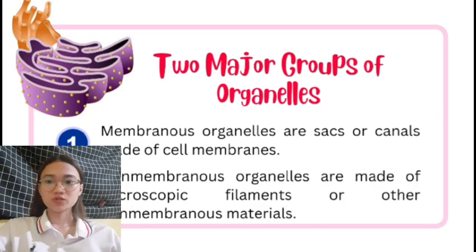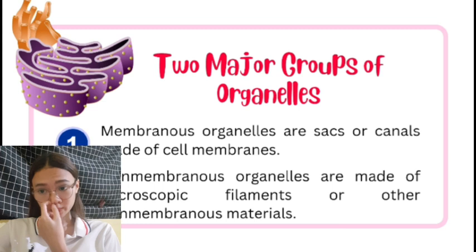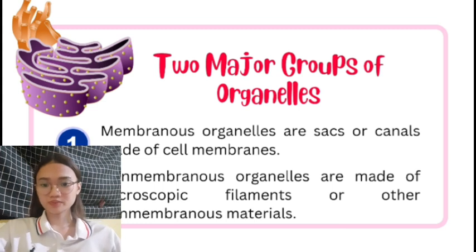So we have the two major groups of organelles. One is the membranous organelles, or sacs or canals made of cell membranes. Two, the non-membranous organelles are made of microscopic filaments or other non-membranous materials.